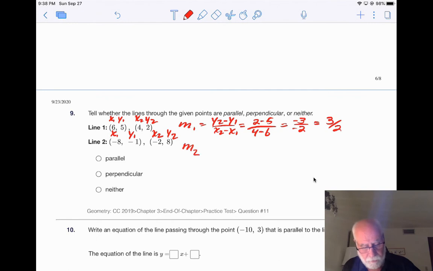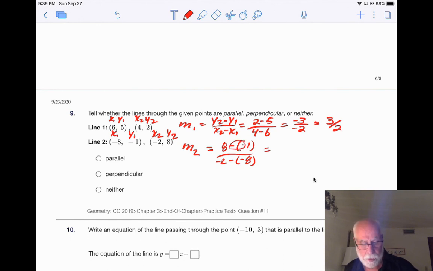So the slope for the second one will be 8 minus a negative 1 over negative 2 minus a negative 8. Remember, two negatives not separated by a number become a positive.